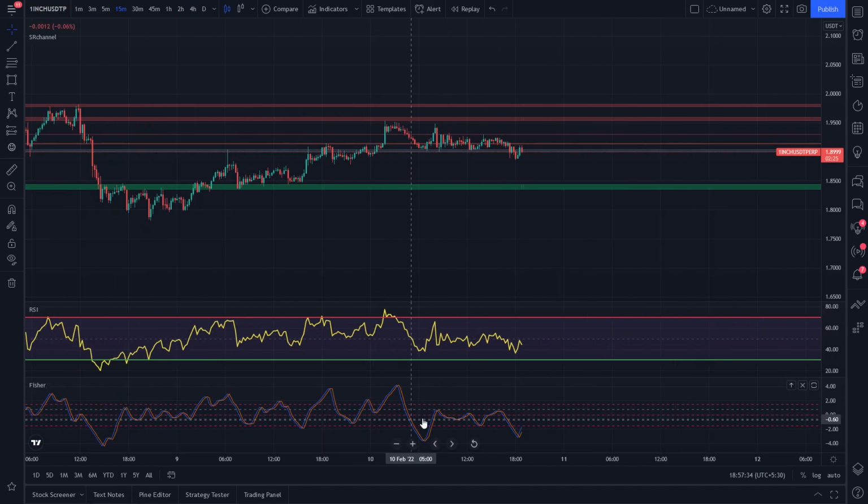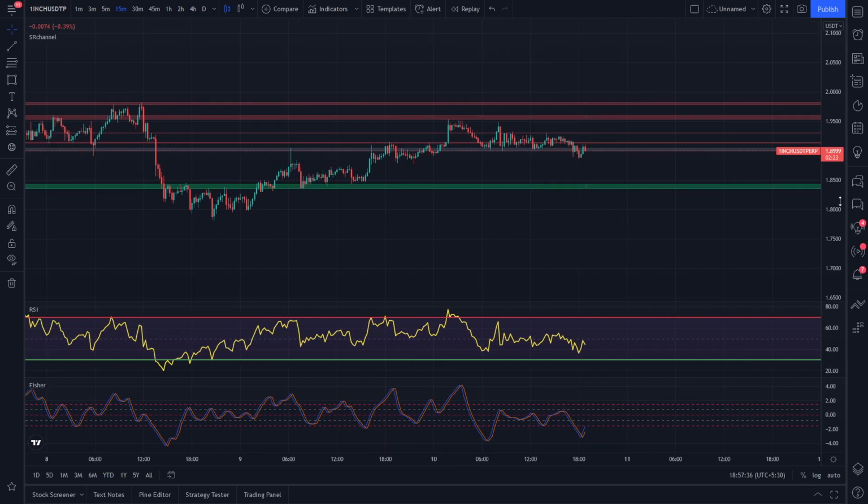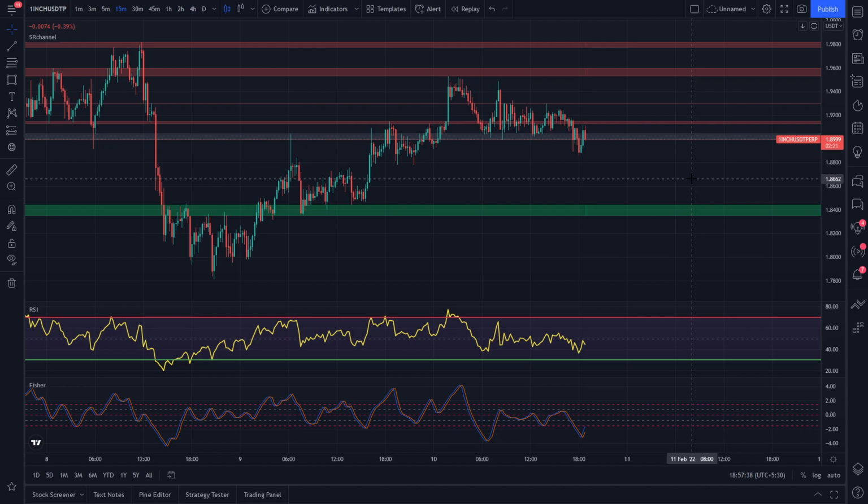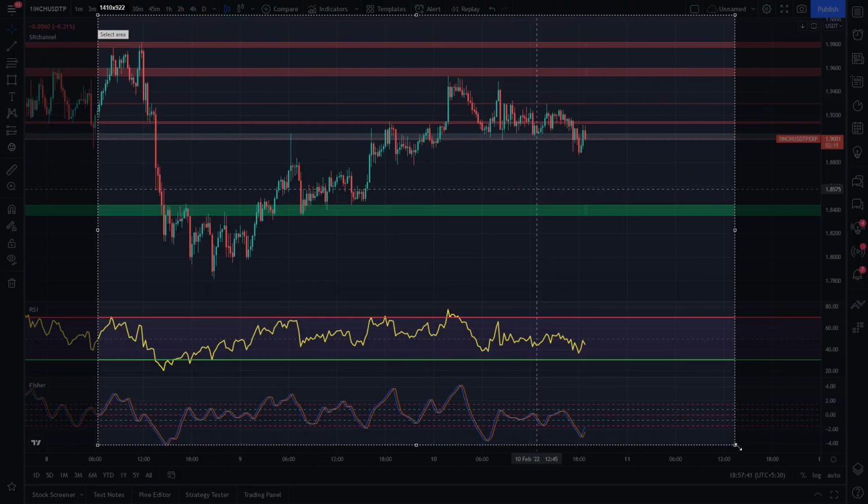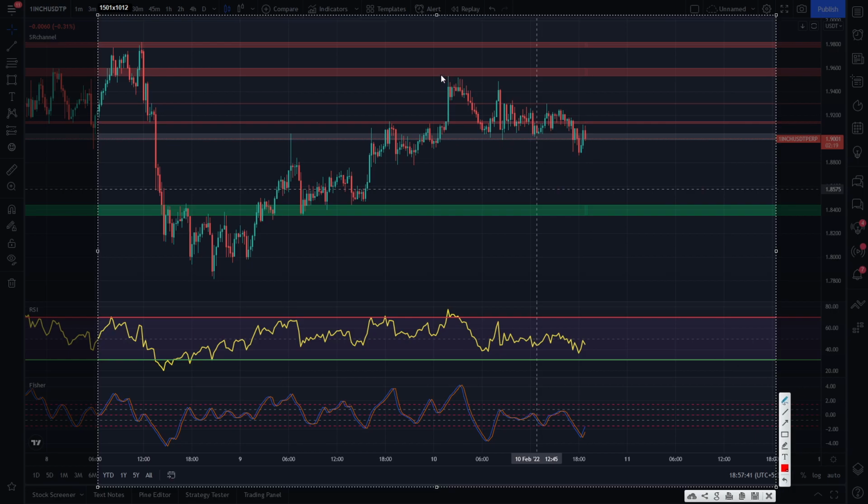So on Fisher, let's see how you get a trade based on this. It's very straightforward and easy. Whenever the price action reaches a support or a resistance, for example at this very moment, let's take this area, the bar moved upwards to here, right on a resistance.